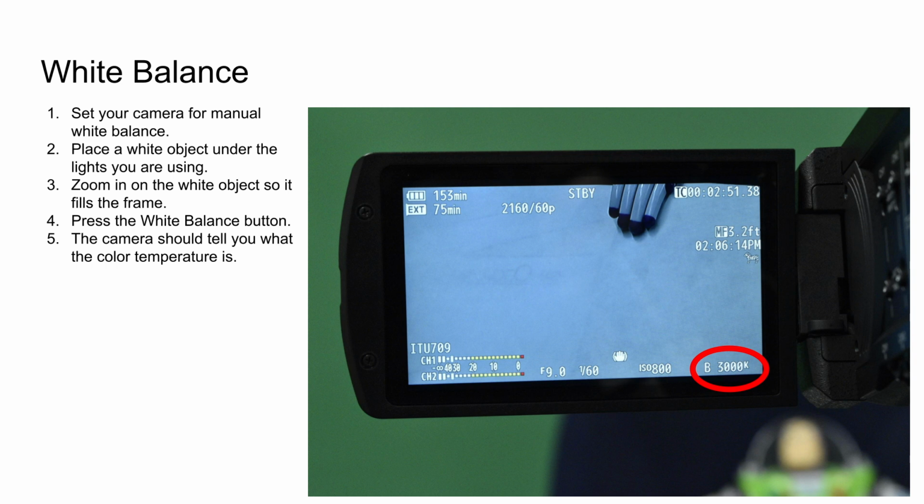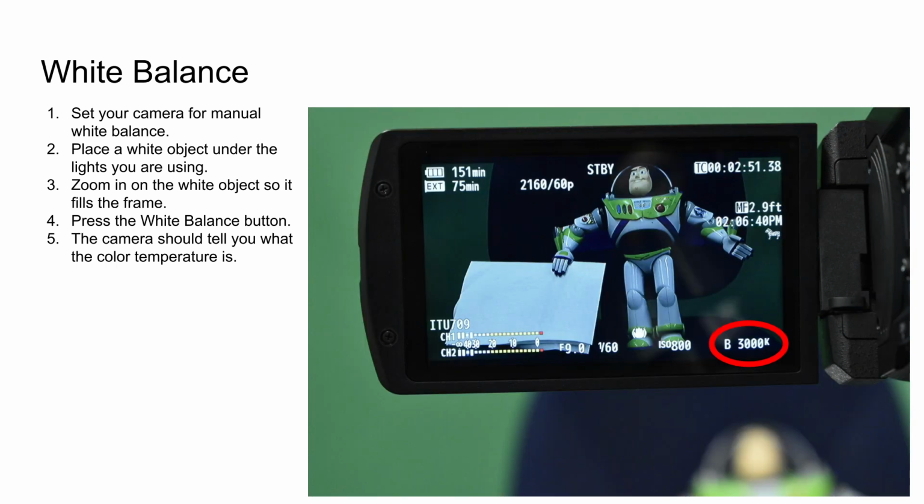The color temperature is 3000 K, and here's a little bit wider shot of that same image, just so you can see it in context there. So these are actually the fluorescent lights in my classroom that I'm shooting under. So they're not a solid color temperature. 3000 is kind of a meh number, but whatever. The camera is set appropriately, so I have every reason to believe that the color will look good.